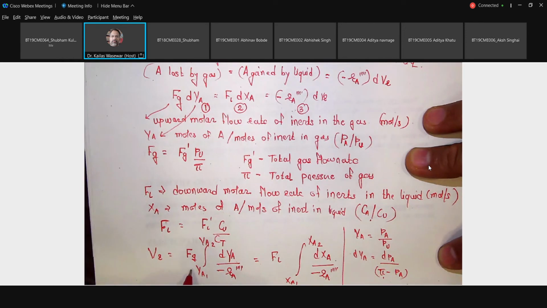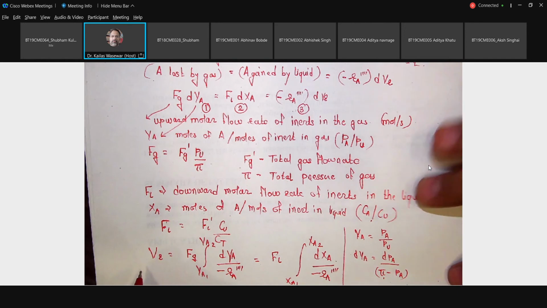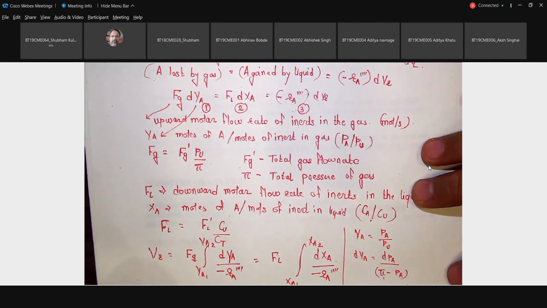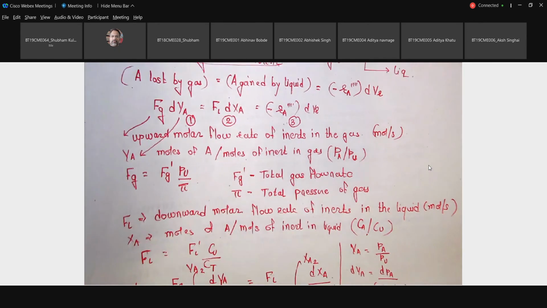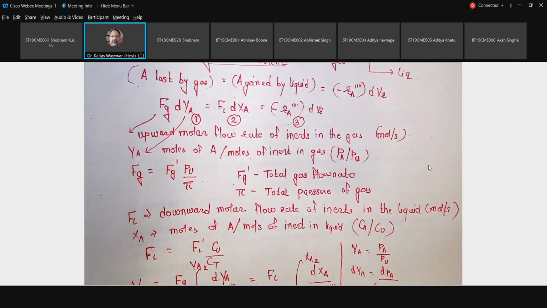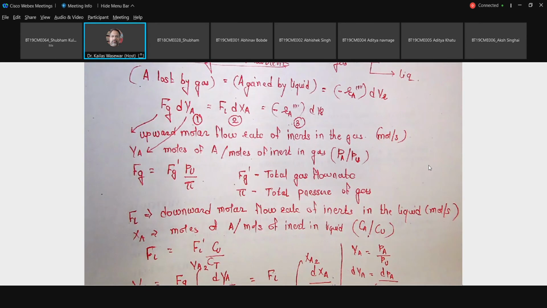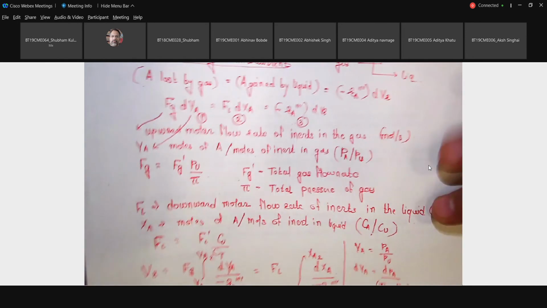Okay. Now for the dilute system, dilute in the sense small concentration. So this is the equation, and Ra is equal to what?